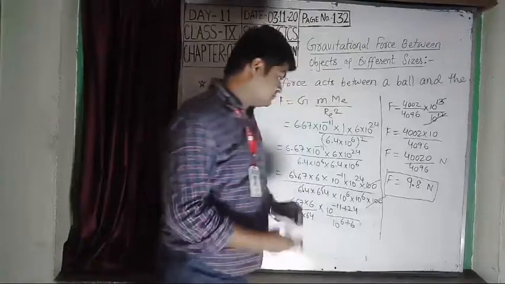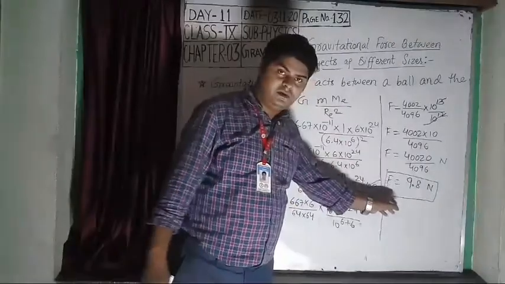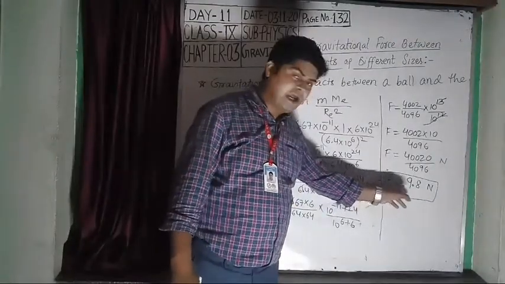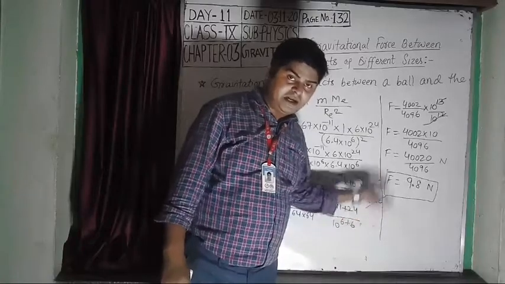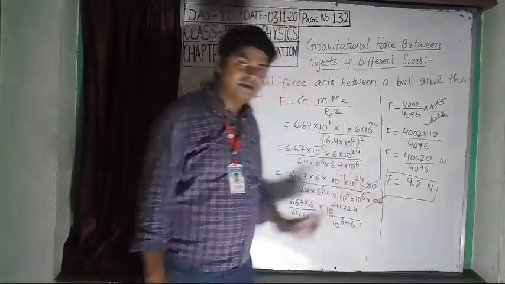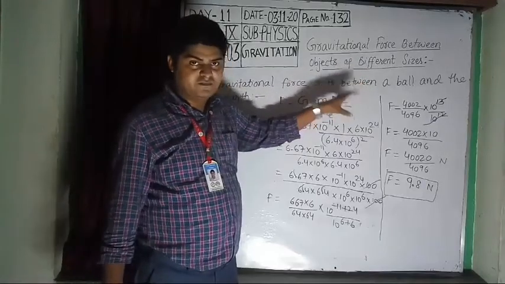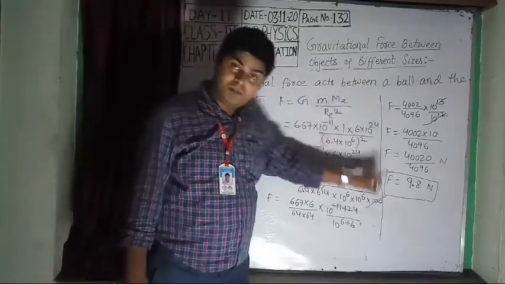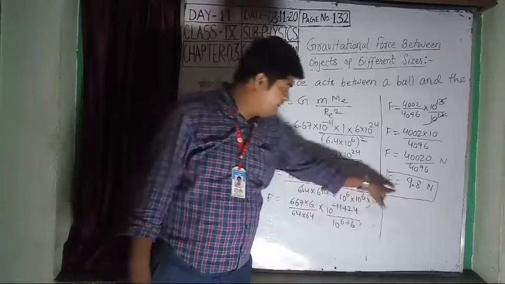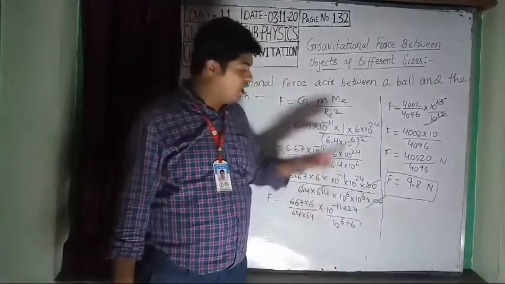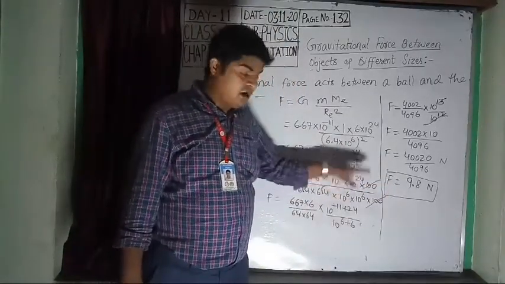So students, this is the value of the gravitational force exerted by the earth on the ball which is placed on the surface of the earth, or the ball also exerts the same force, 9.8 Newton, on the earth. How is it possible?